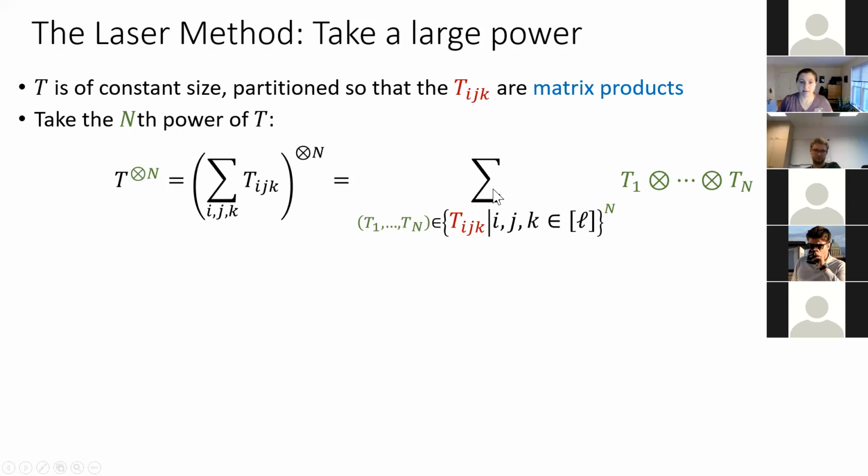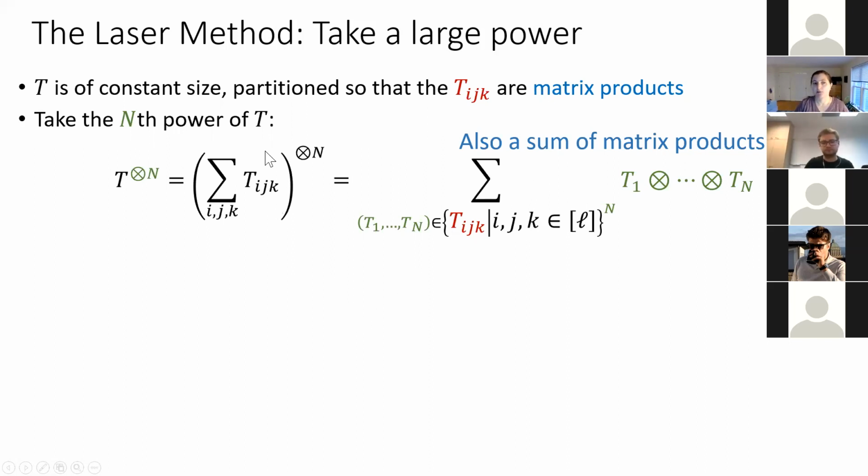What you get is a sum of products of n tuples, T1 tensor T2 tensor Tn, where you pick each one of them from the tijk's. So it's the sum over all possible n tuple products of tijk's. That's what you get. Okay, pretty simple so far.